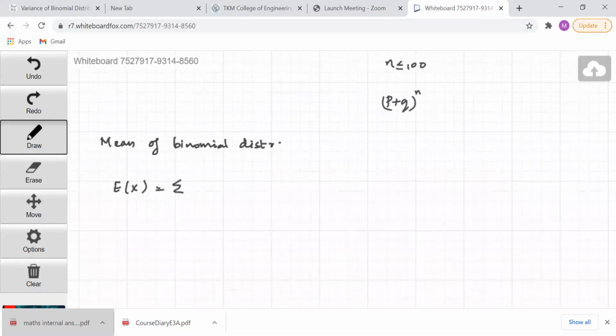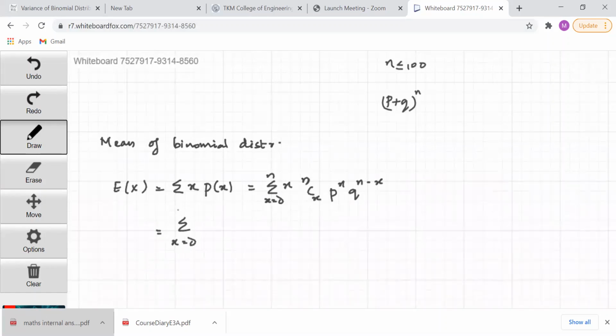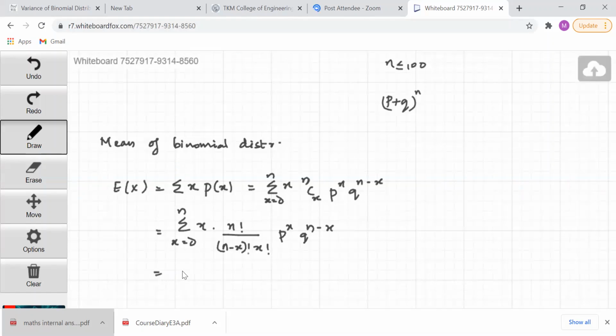This is equal to summation x times probability of x, which is equal to summation x times the probability of taking x successes, given by nCx p raised to x q raised to n minus x, which is equal to summation, x varying from 0 to n, x times n factorial divided by n minus x factorial into x factorial, p raised to x into q raised to n minus x.